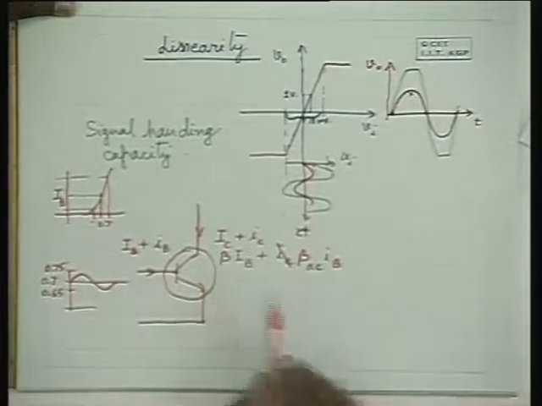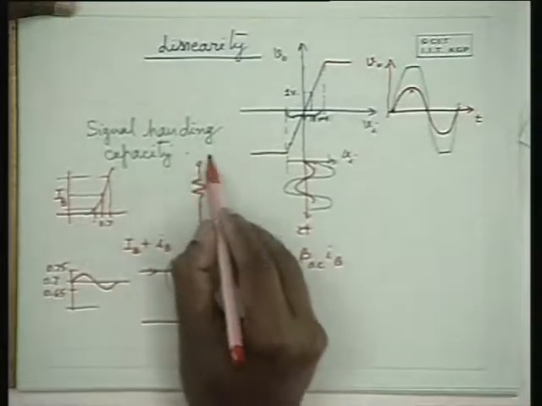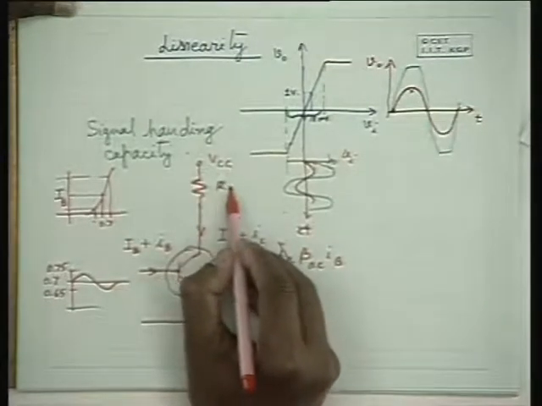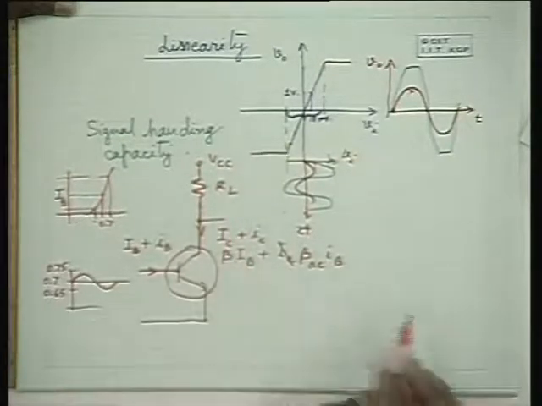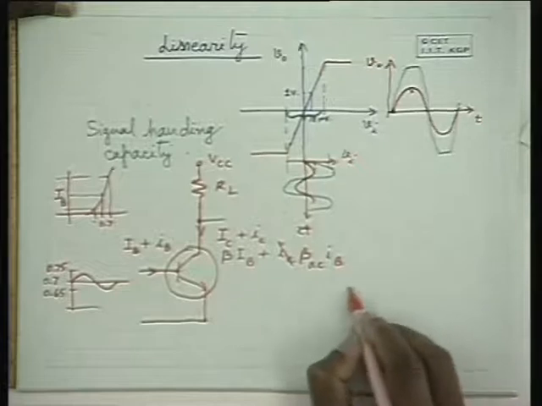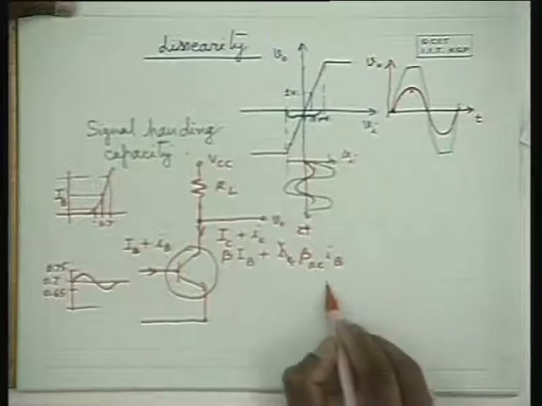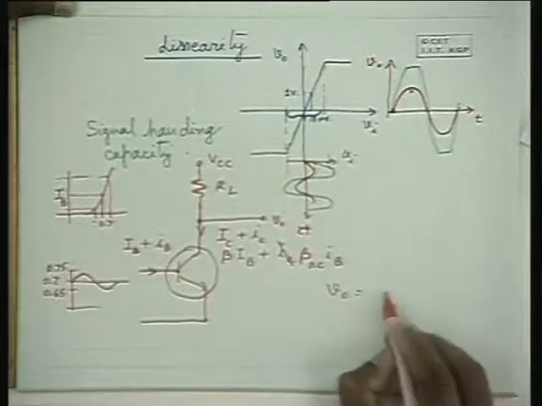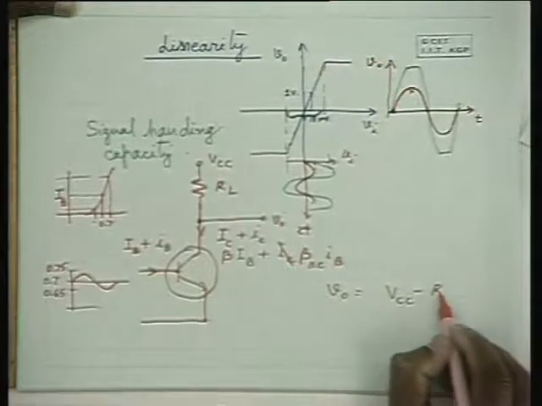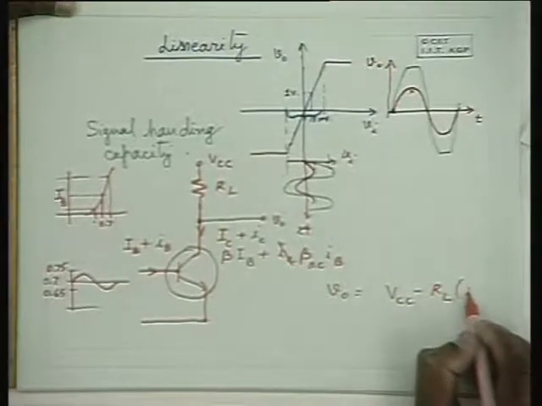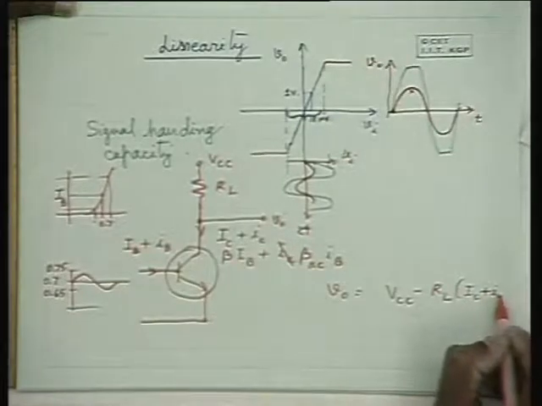Now, what happens to the output side? At this point, the voltage, let me call it V naught, is VCC minus RL into (IC plus small ic).